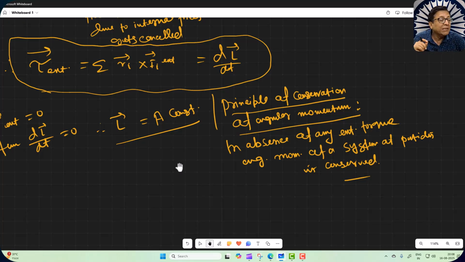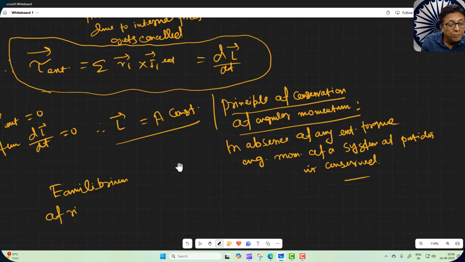Now, after getting this kind of relations, we have to think about equilibrium of rigid bodies. I am telling you theory now. When we will solve problems one by one, all these will be very clear to you. Just keep all these concepts in your mind. Many good problems are there.